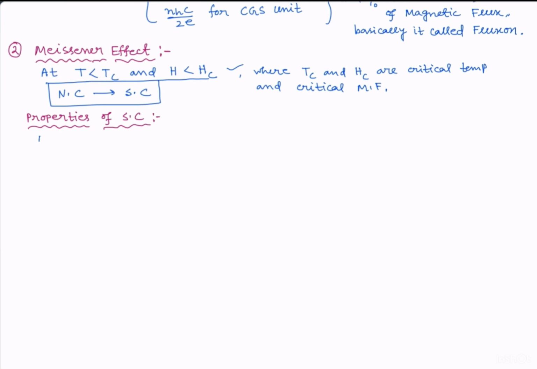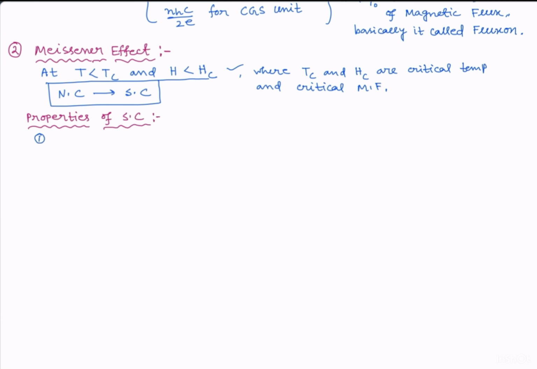Number one, in the application of an external magnetic field which is less than the critical field, and also a temperature which is less than the critical temperature, we will see that the normal conductor behaves as a superconductor.